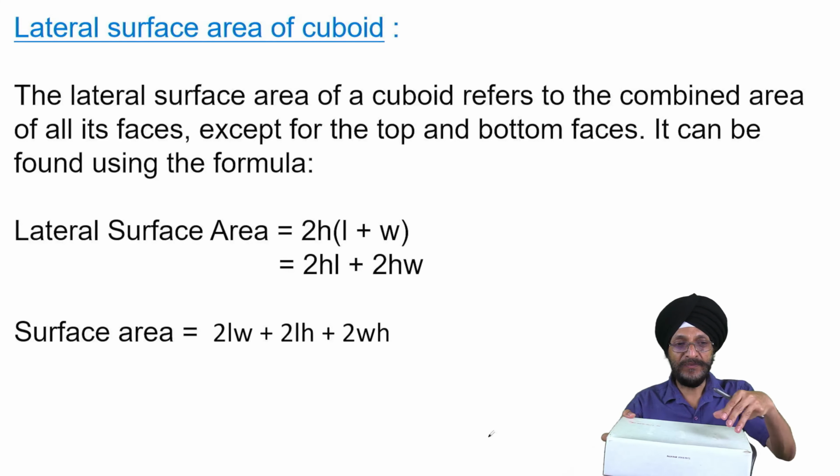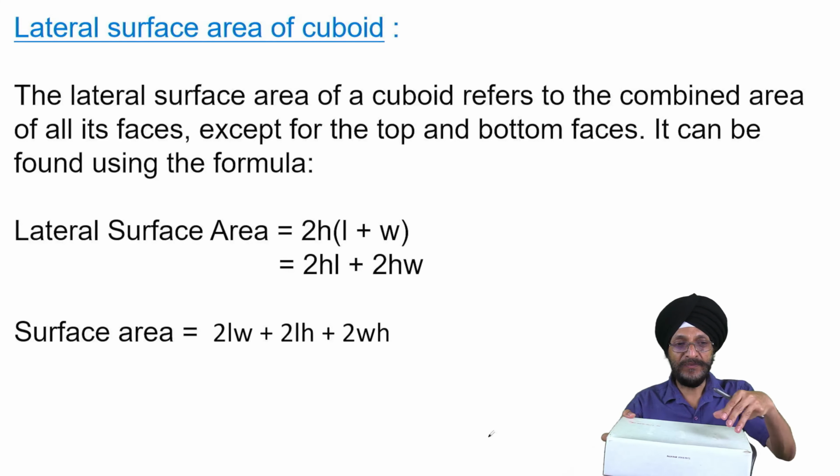Now we will try to solve the question before us. Find the lateral surface area of a cuboid with length equal to 5 centimeter, width equal to 3 centimeter, and height equal to 4 centimeter.